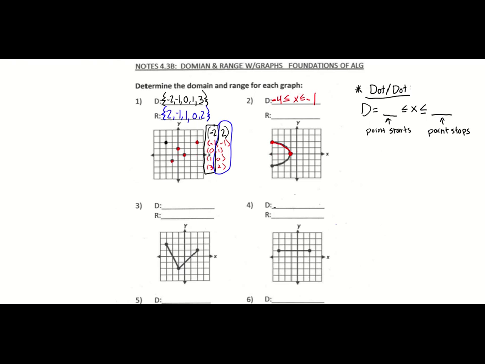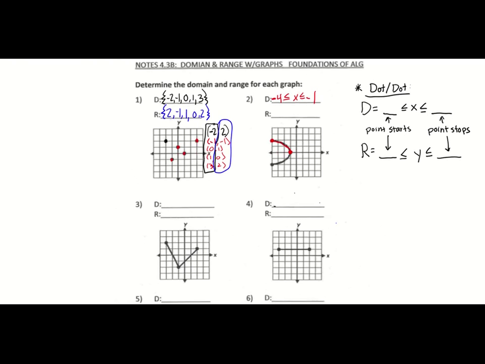Our range is going to be very similar, but instead of an x, we're going to put a y because our range is our y values. So again, we're going to have where our point starts right here and where our point stops right here. So to find those points for our y where they start and stop, our y-axis is right here.